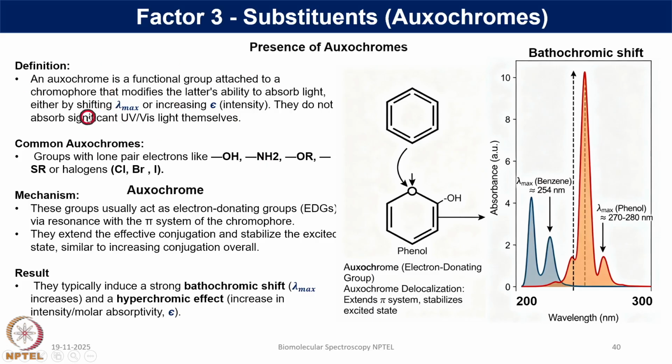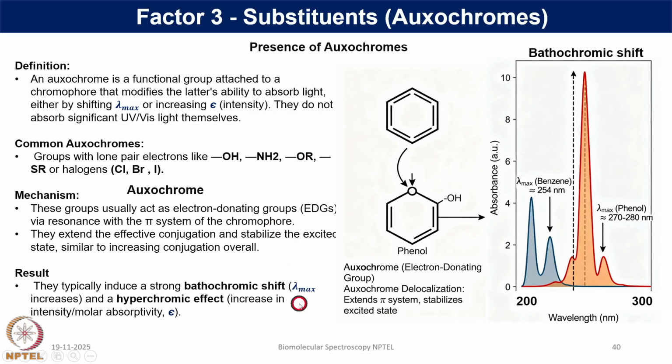They do not absorb significantly in the UV-visible themselves, but shift the light absorbed. If you look here, benzene absorbs at 254, but phenol absorbs at 270 to 280. Groups like lone-pair electrons, OH, NH2, OR, SR or halogens can shift how much light is absorbed, and those are called auxochromes.